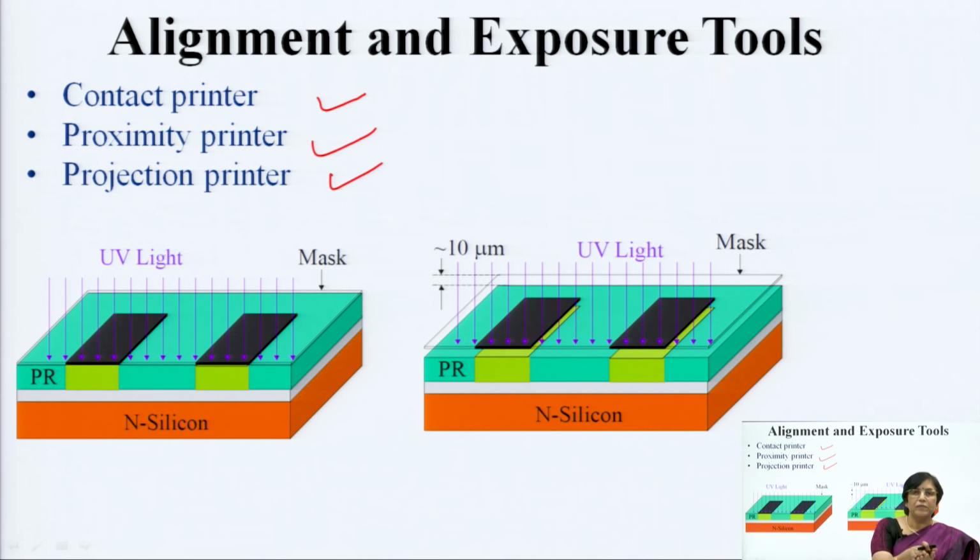When you put it very close to the surface, you get the best results, but always when you want to attain something, you lose out on the other end, and that loss is the degradation from too much handling of the mask, too close a spacing or direct contact with the wafer, which may damage the mask or degrade its performance because of wear and tear. You are handling it too many times.